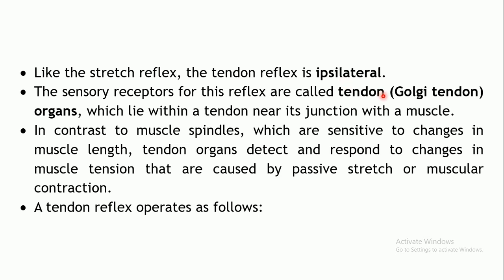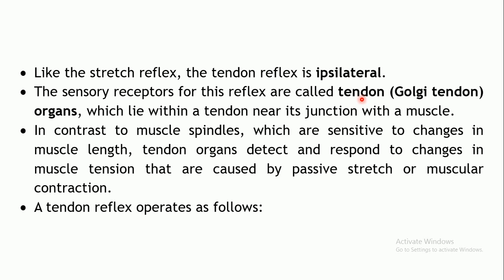And the sensory receptors over here are the tendon organs or the Golgi tendons. Tendon is a part which joins your skeletal muscles to your bone. So this is monitoring the tension in your muscles. So if there is excessive tension in the muscles, it will result in pulling on the tendons and it might tear if it is not relieved.